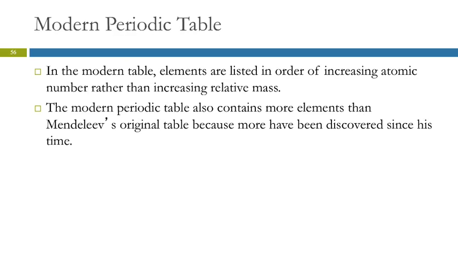So nickel has an atomic mass of 58.69, and it's listed above cobalt, which is 58.93. They're really close. But going by mass, cobalt should be after nickel. But the ordering property is not the atomic mass, it's the number of protons in the nucleus.